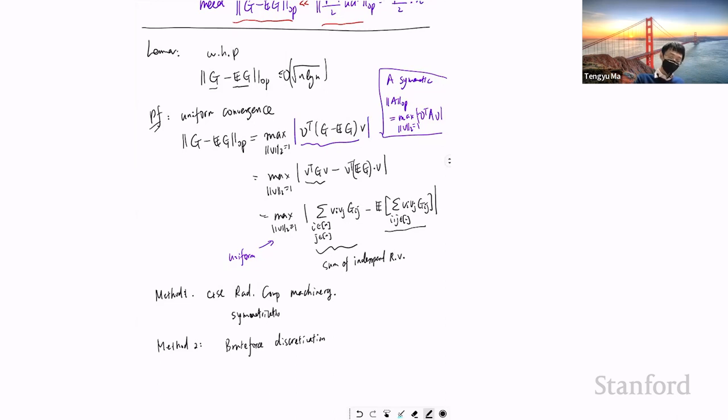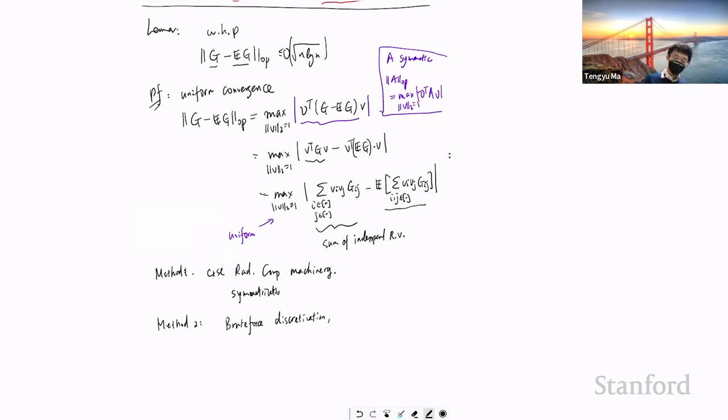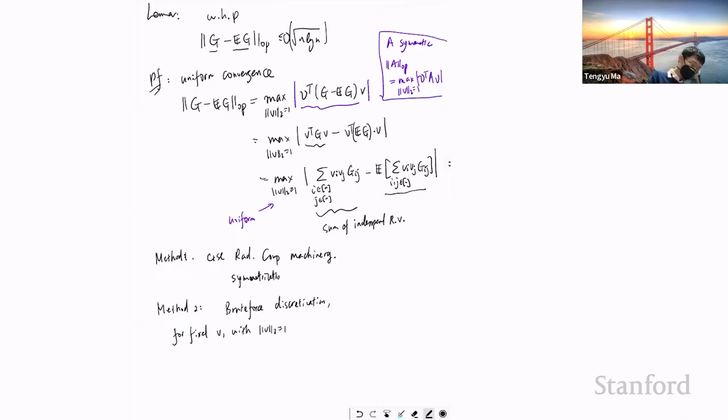So what we do here is that for fixed v with 2-norm equal to 1, we can use Hoeffding's inequality.